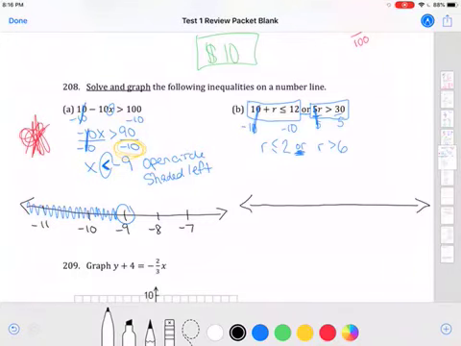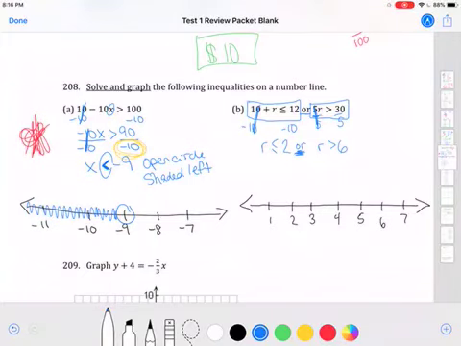So just like for A, where I made sure the -9 was on the number line, for this one I just have to make sure that the 2 and the 6 are on the number line. So I'm just going to try and spread this out as best as I can to make sure that the 2 and 6 are on the number line. Now you have to graph each one separately. So what you have to ask yourself again is whether each one of those has an open or a closed circle.